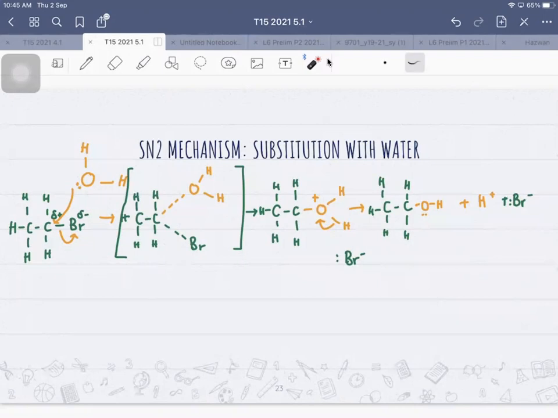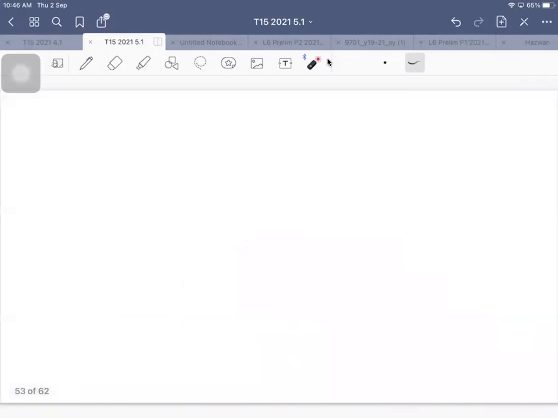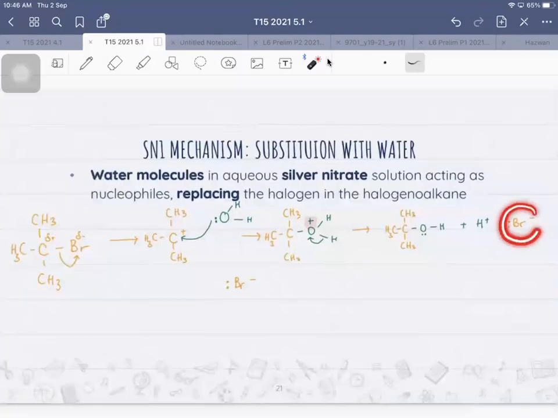Okay, good. So what I want you to focus on is that at the end of any substitution reaction, but this time we're talking about hydrolysis, you notice that there is the halide ion, whether it's bromide, chloride, or iodide, okay? Whether it's SN1 or SN2, you will always have that halide ion at the end.